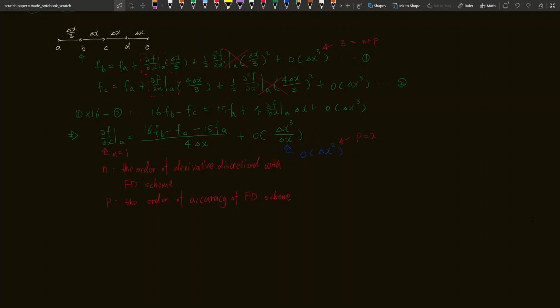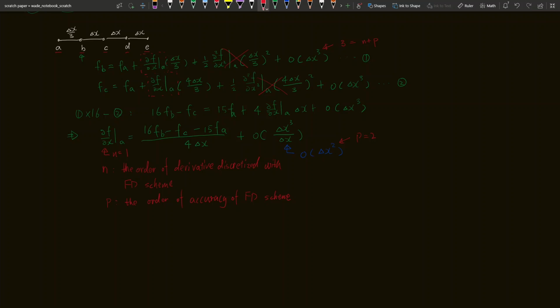We assume that we already know the function values at these discrete points A, B, C, D, E, but their derivatives are unknowns. We also know that we already extend the Taylor series expansion until the third order. So we have in total three terms on the right-hand side of those equations.